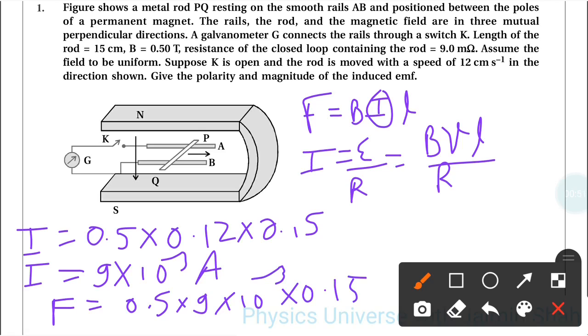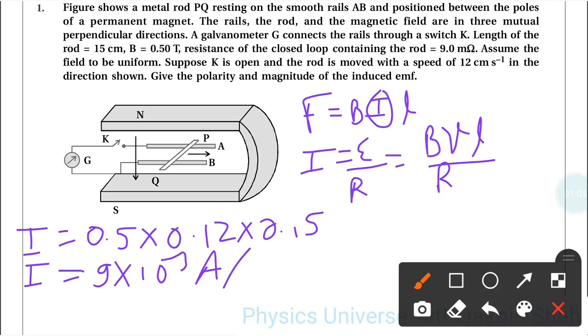Here, to find current, I didn't divide by R. So first we have to divide by R. In the last value I have to divide by R, and that R is 9 into 10 raised to minus 3. So the answer comes to 1 ampere only. So I is equal to 1 ampere.